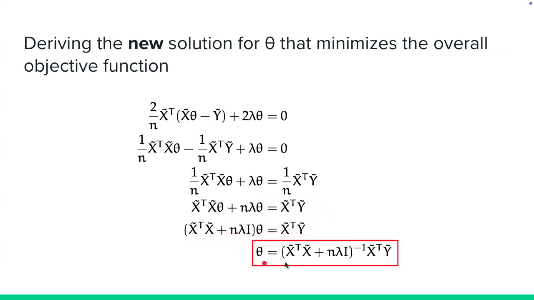And then this is our new theta. So the difference between this one and the previous solution is we have this additional term called n lambda I. And this helps this whole term become invertible. So now we can compute theta.